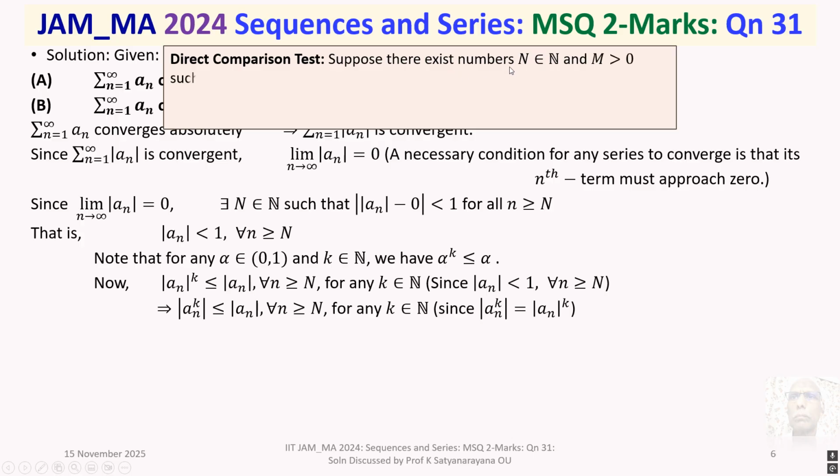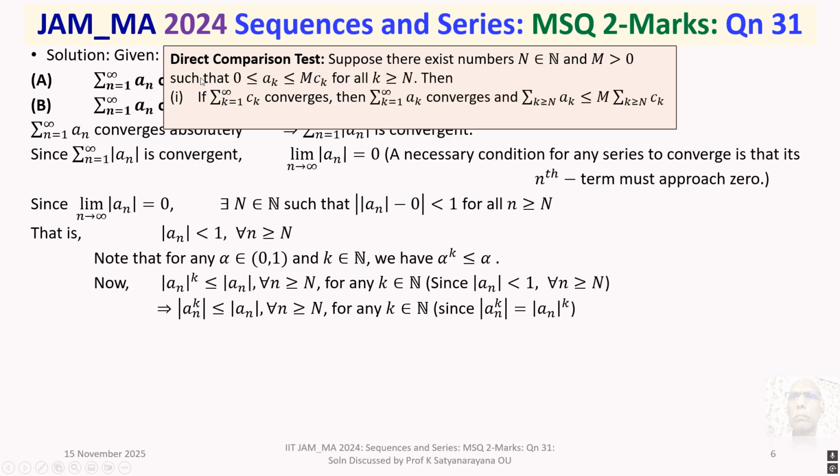Suppose there exist numbers, capital N belonging to the natural numbers and m greater than 0, such that 0 is less than or equal to ak, which is less than or equal to m ck for all k greater than or equal to N. Then if sigma ck, the right hand side, converges, then sigma ak, the left hand side, converges, and the sum of ak for k greater than or equal to capital N is less than or equal to m times the sum of ck for k greater than or equal to capital N. That's what it says.